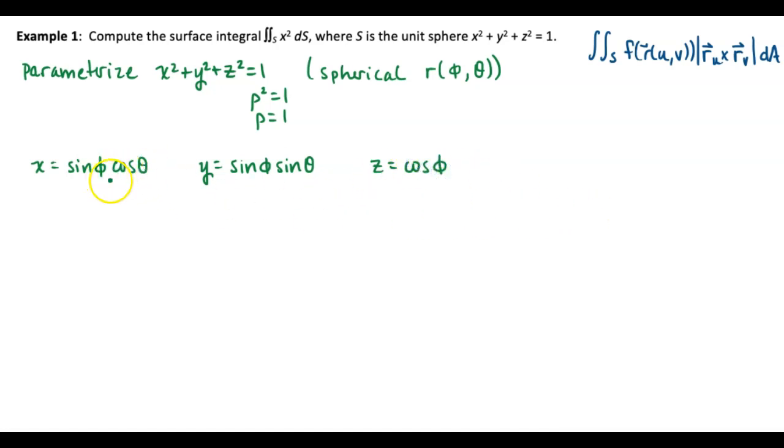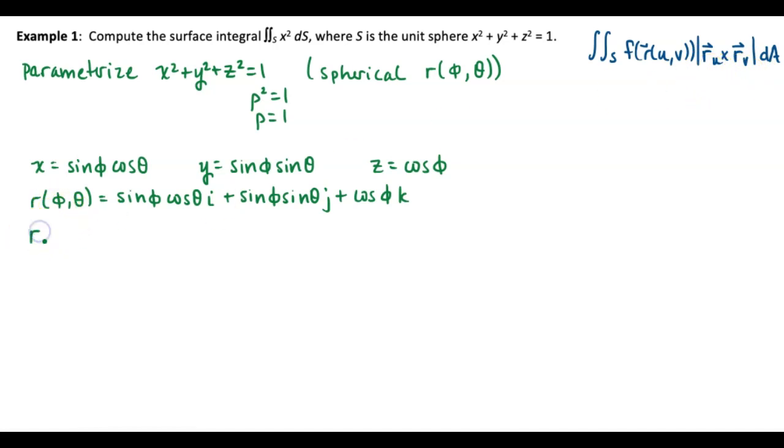And isn't this a parametric equation? I can write this as r of phi and theta being equal to sine of phi cosine of theta i plus sine of phi sine of theta j plus cosine of phi k. This will allow me to get this magnitude of the cross product of these partial derivatives.